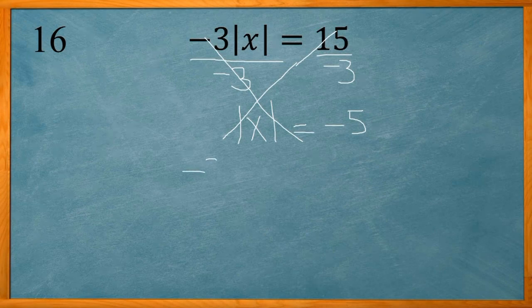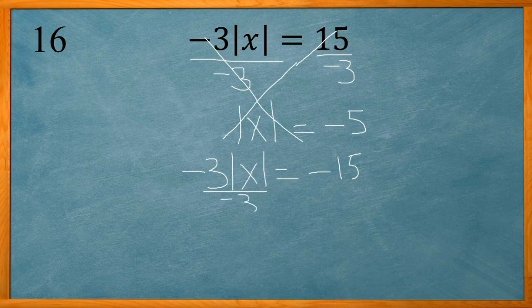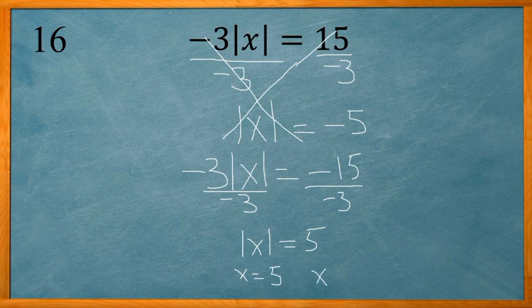Now if the problem was this, I had -15 here. If I divide that by -3, that gives me the absolute value of x equals 5. And then we could say that x equals 5 and x equals -5. So two answers, 5 and -5.